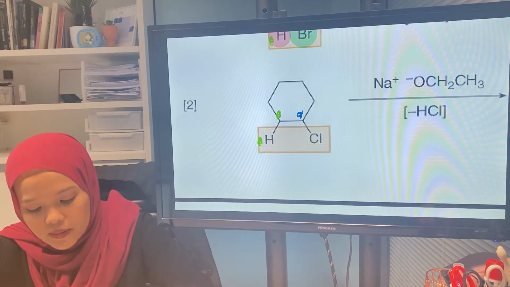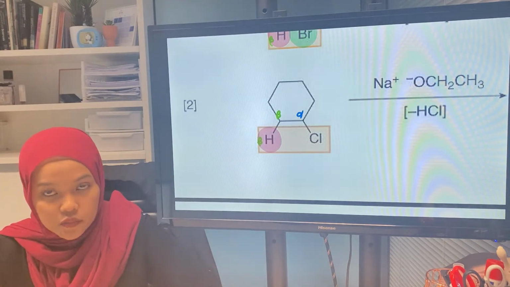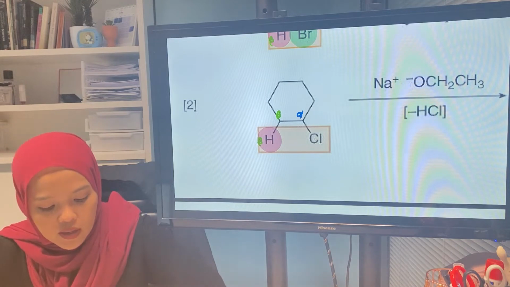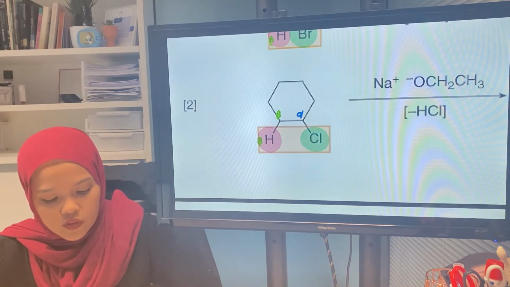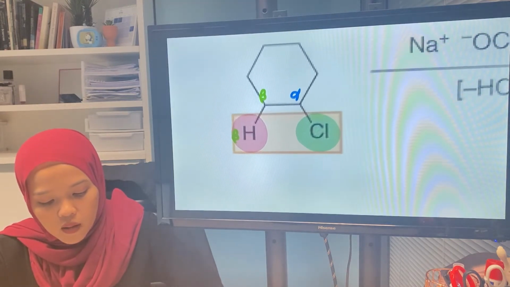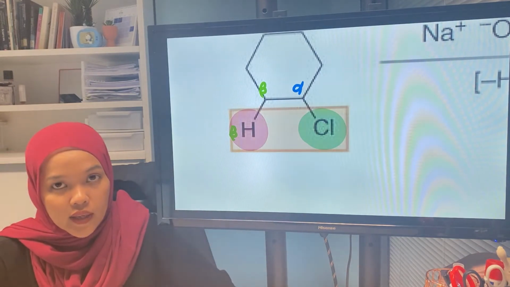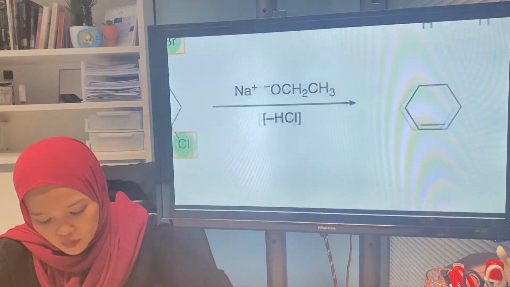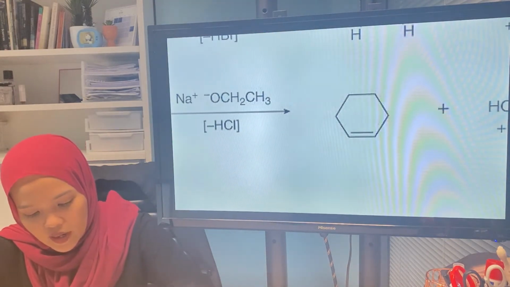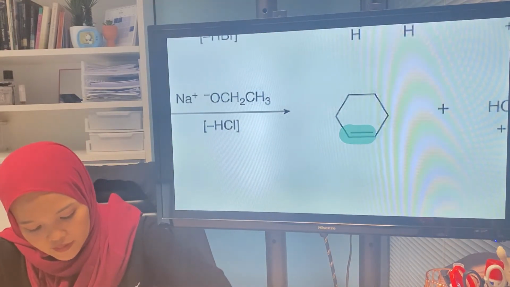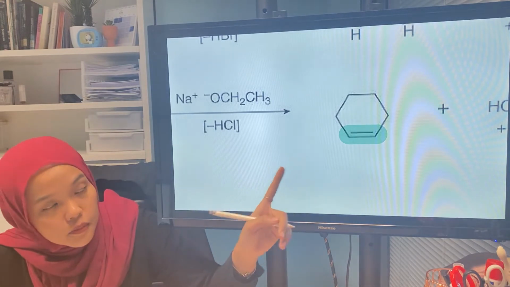So remember, one beta hydrogen is removed and also the halogen is removed. So the new pi bond will form between the alpha and beta carbon, as you can see from this product.